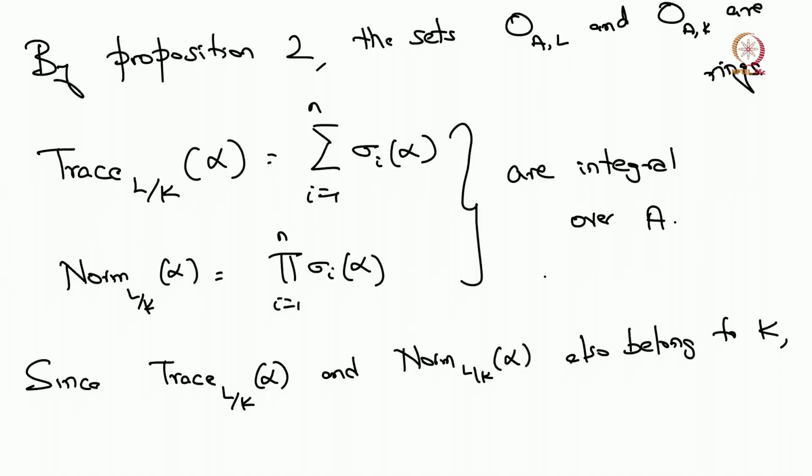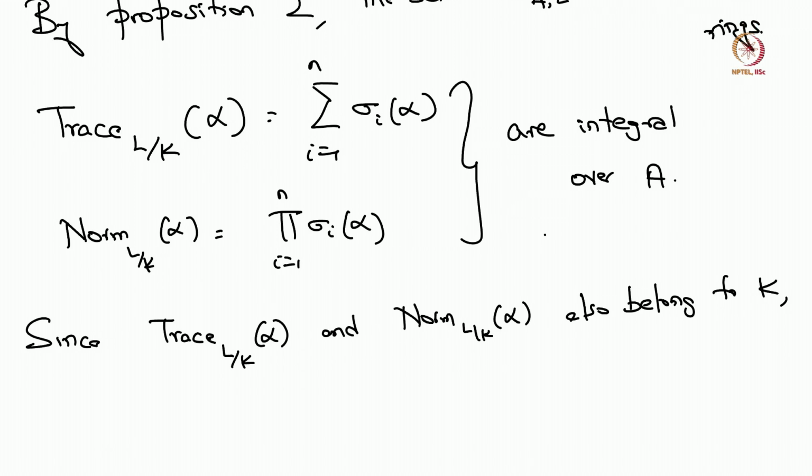They are integral over A, so they must belong to the set of elements in K that are integral over A, which we denoted OAK.